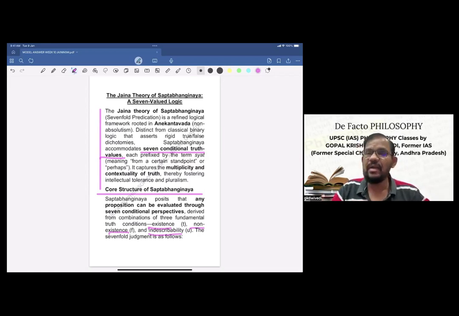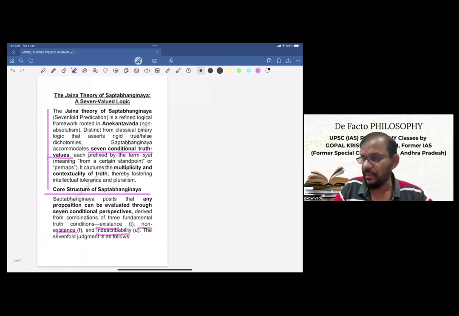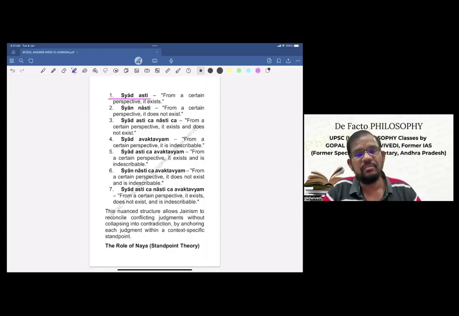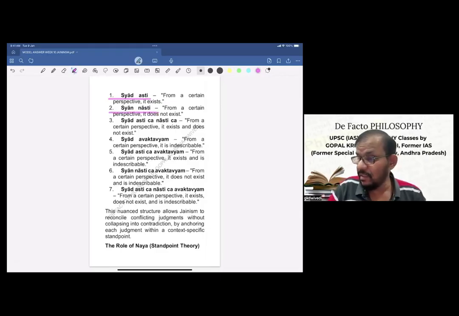So now let us see what are those sevenfold judgments. Last week we have seen them already, but let us see how we'll include them in this answer. See, these are seven. First is Syad Asti. This is a Sanskrit word. Syad Nasti. Then Syad Asti Cha Nasti Cha.